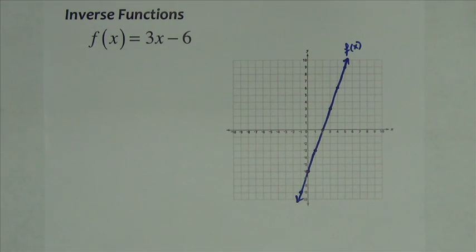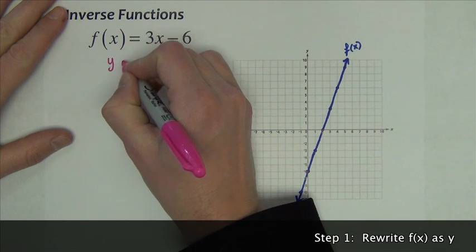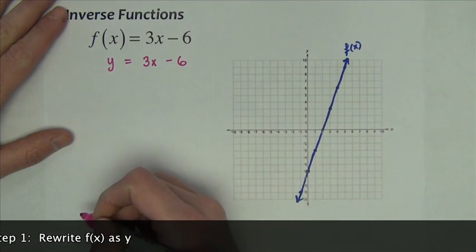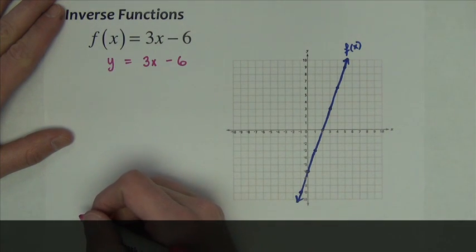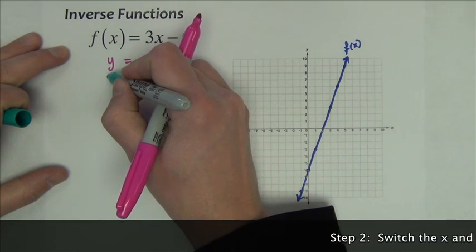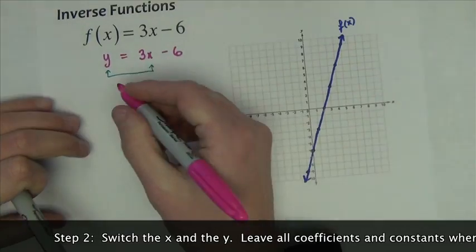Well, let's find the inverse function to this function. Here are the steps. The first step is we rewrite the f of x to say y equals. Okay, so that step's pretty easy. Step 2 is that we're going to take the y and the x, and we're just going to switch them.